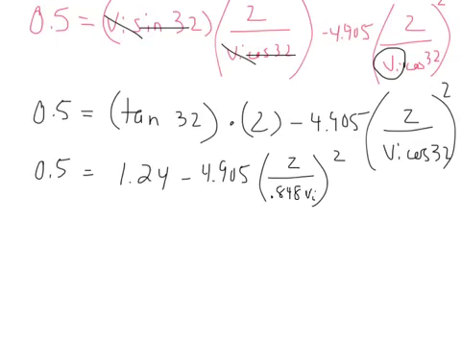Now all you need to do is solve this. Subtract the 1.24. Do not combine these terms. 4.905 is attached to the parentheses. You can't do anything. So subtract 1.24 from both sides. You should get negative 0.74.